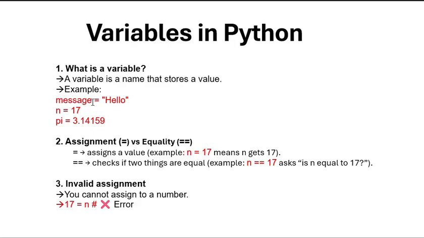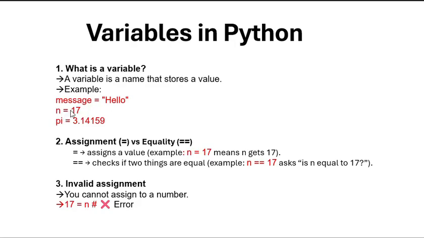Variable means vary, which keeps on changing, meaning the value which it holds keeps on changing. It doesn't keep the same value. Got it? Variable, it is able to vary. It will keep on changing the value according to the user input.